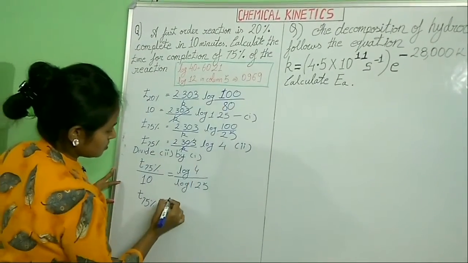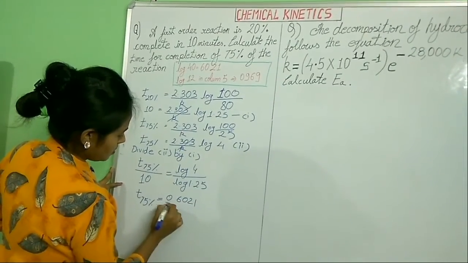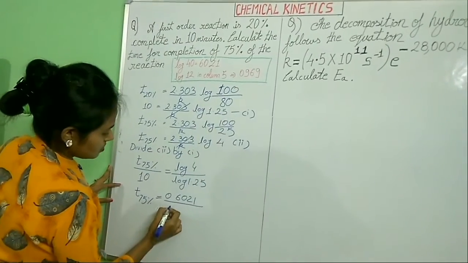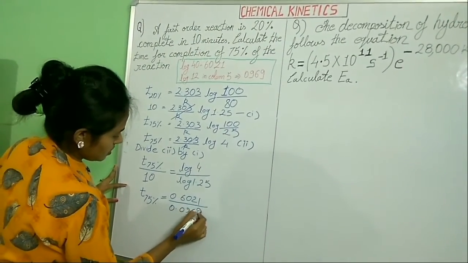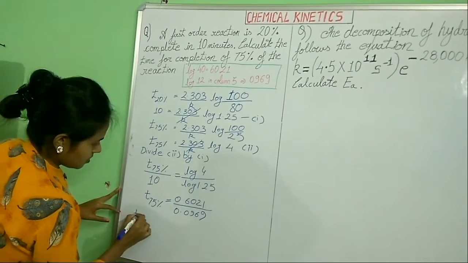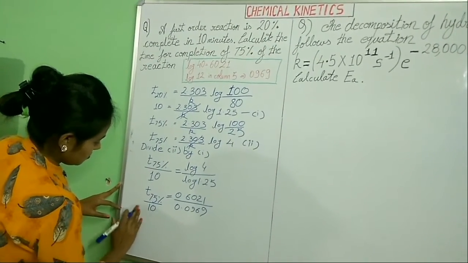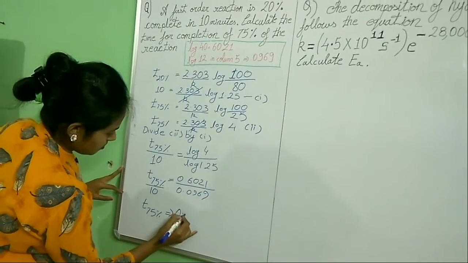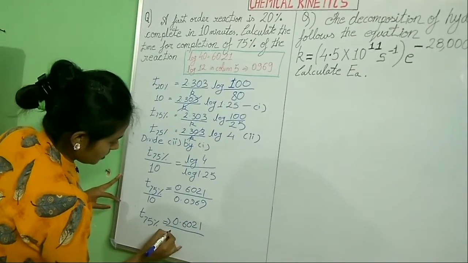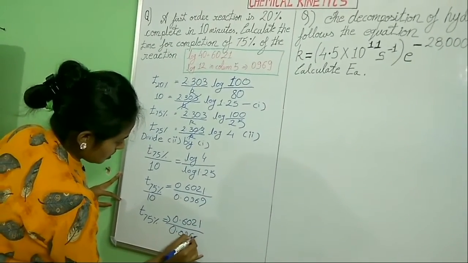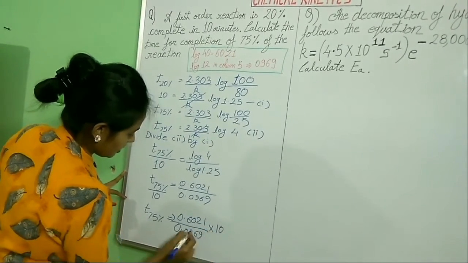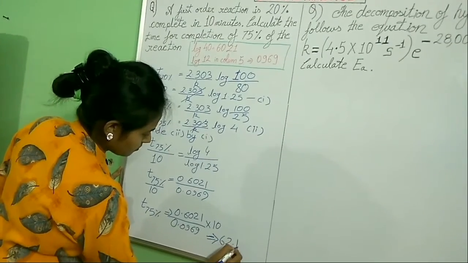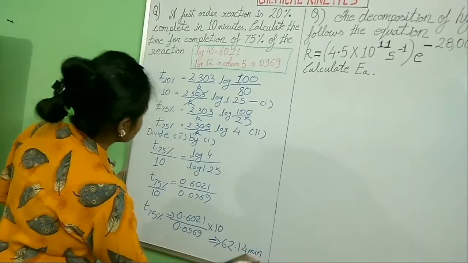Log 4's value is 0.6021 divided by log 1.25, which in column 5 is 0.0969, into 10. So the time taken for 75% completion will be 0.6021 divided by 0.0969 into 10. If you calculate this, how much will be the time taken? That will come to 62.14 minutes. Yes.